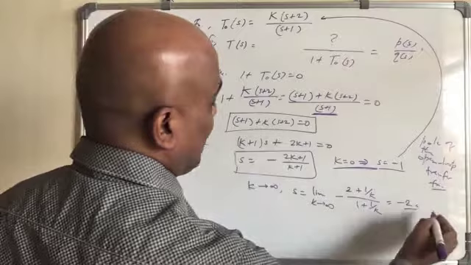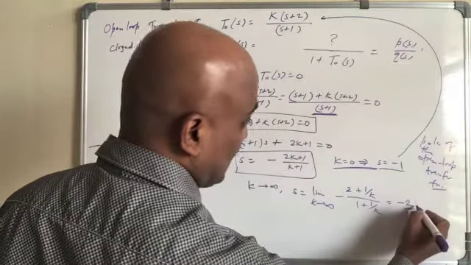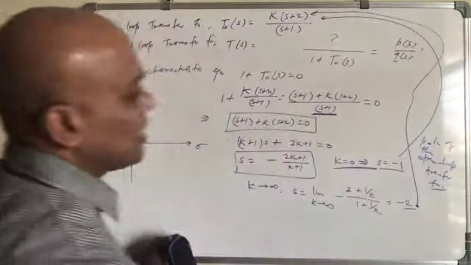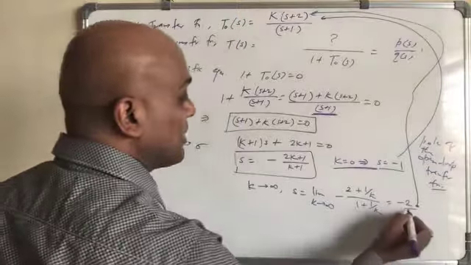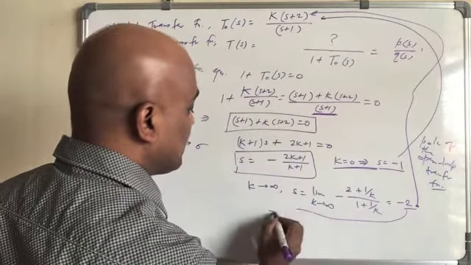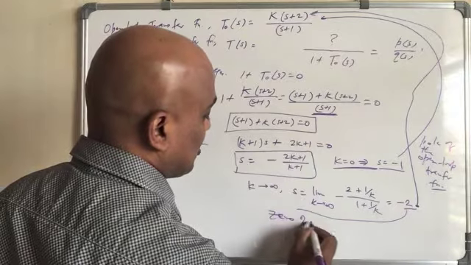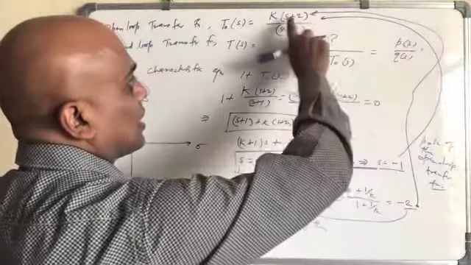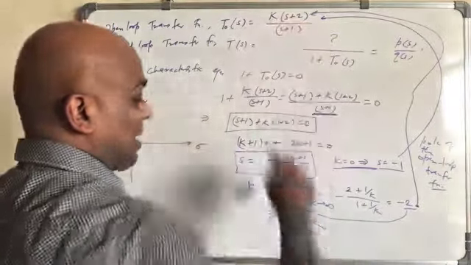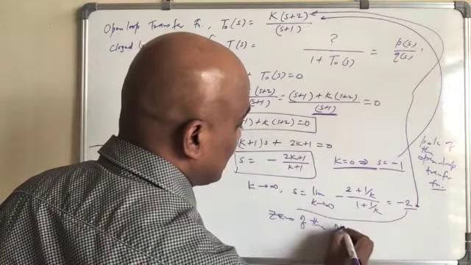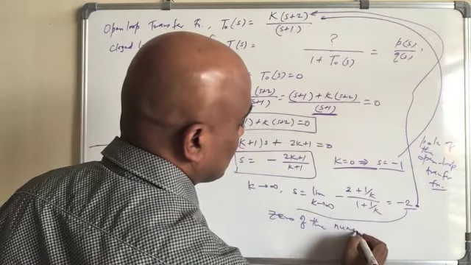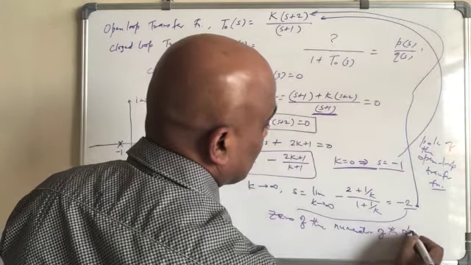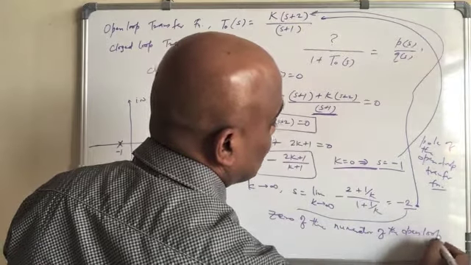So what we see here is s equal to minus 2 is basically the 0 of the numerator of the open loop transfer function.